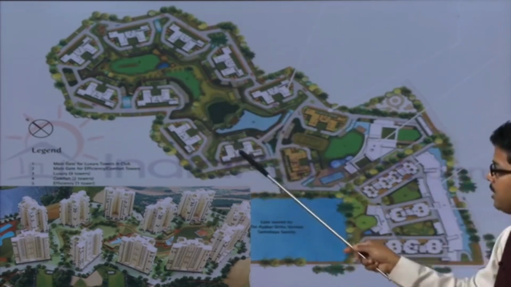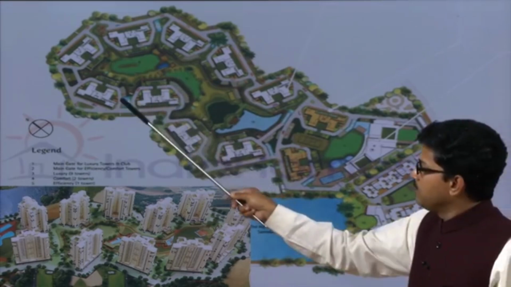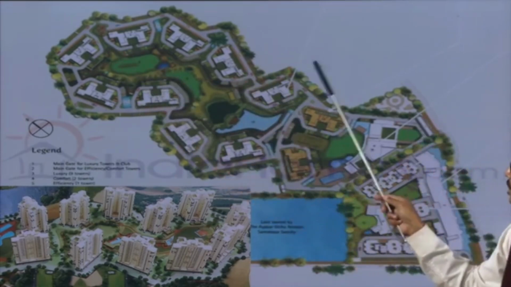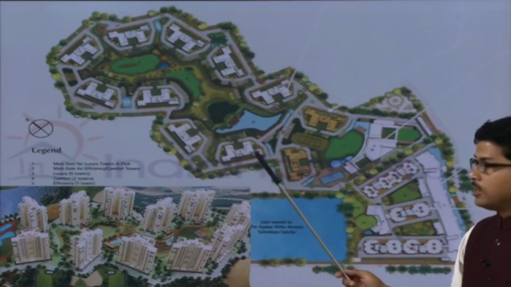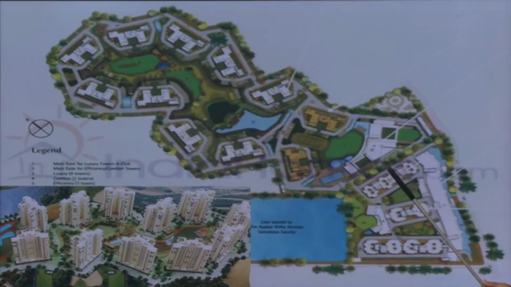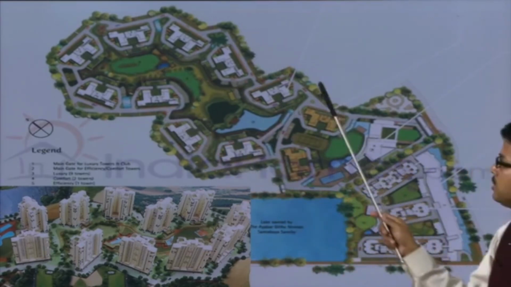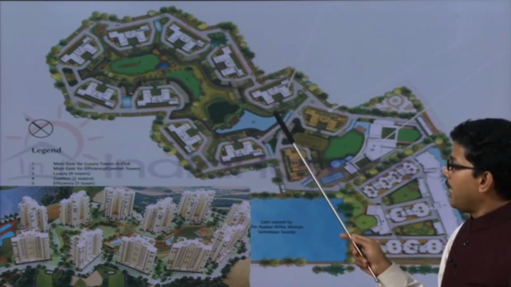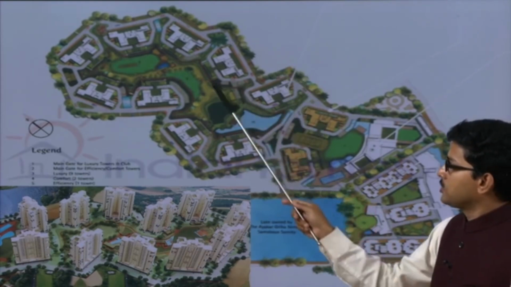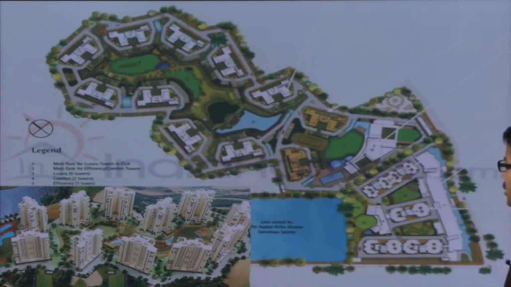And the building blocks, these are similar building blocks, they are placed in such a way considering the boundary profile of the site. At the same time, it is taking optimized utilization of the profile and also creating a very interesting built form inside the project.